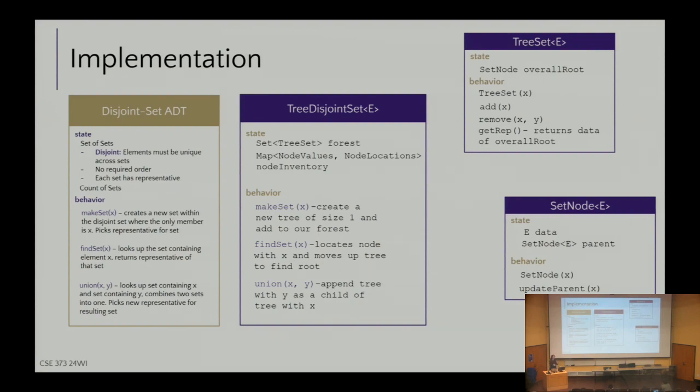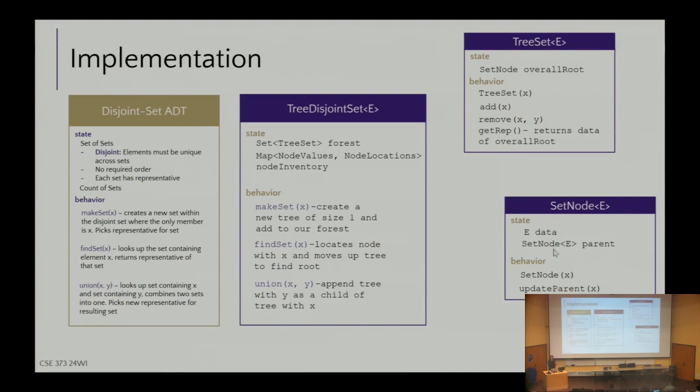It's hierarchical. There's only one overall root. So you can see the tree set has one field of overall root, and then it has add, remove, and this extra method, getRep, that tells me the representative of this particular tree set. In the past examples, it was like a number. And then we also need a separate object called setNode.